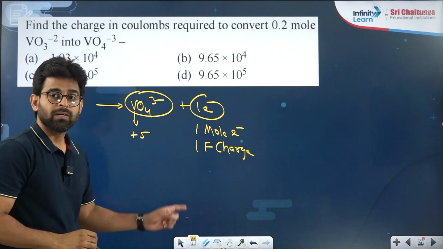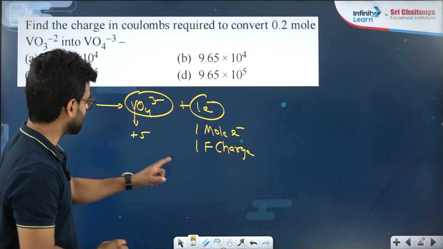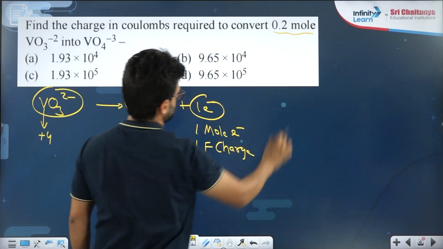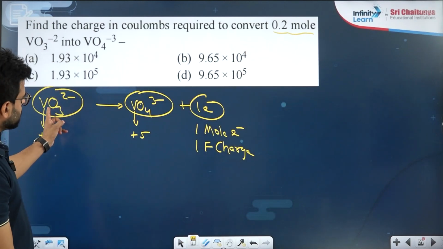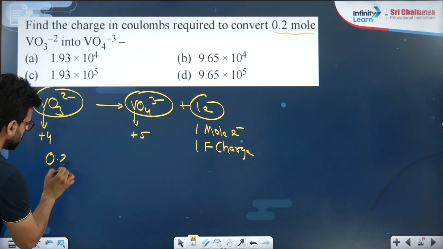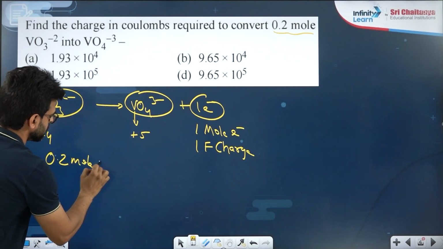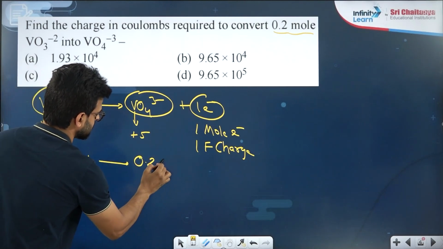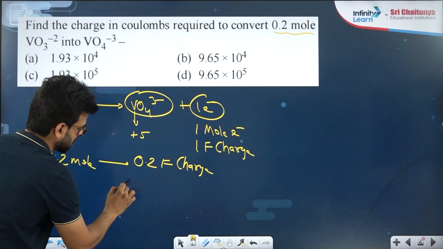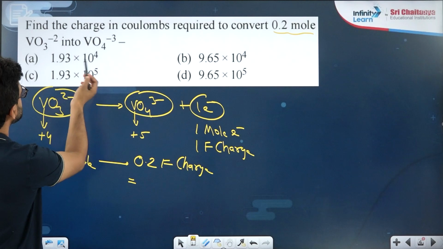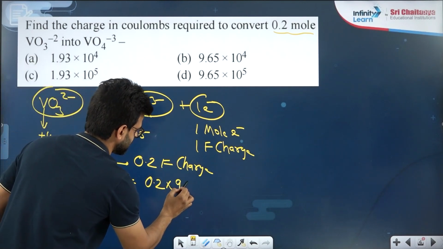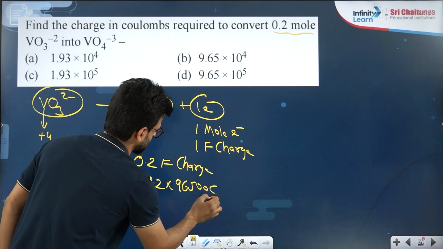Clear? 1 Faraday charge. But here they are converting only 0.2 mole. So 1 mole needs 1 Faraday charge, so 0.2 mole will need 0.2 Faraday charge, right? If I say in coulombs, as they are asking in coulombs, then 0.2 into 96500 coulomb.